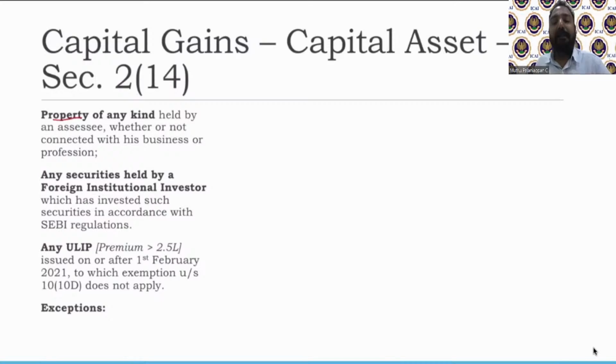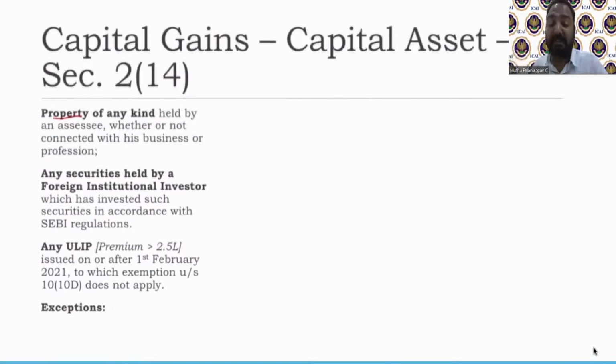Now, this is a base understanding of what capital gain is. As we all know, capital asset has been defined in a particular section. In which section would it generally be defined? In the general section, which has most of the definitions, that is nothing but section 2. We have been discussing this in PGBP also.